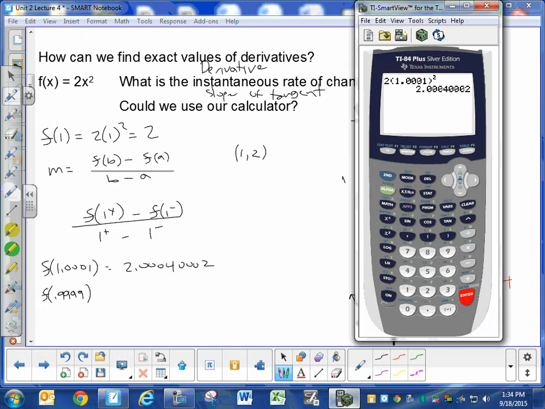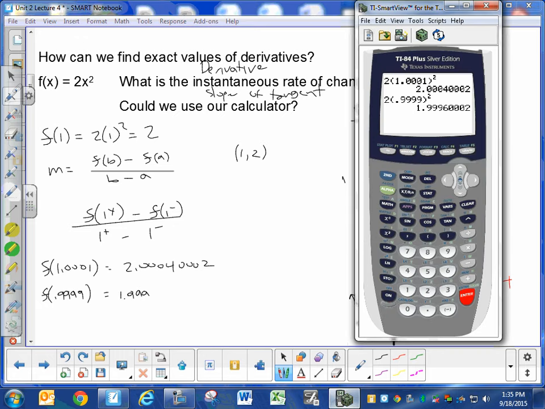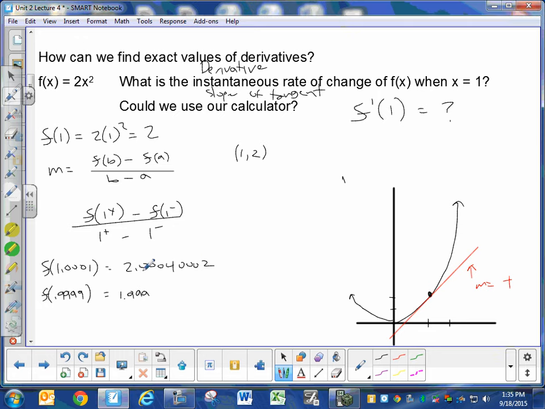Got 2.0004002. And let's do the same one with 0.9999. 9996000.